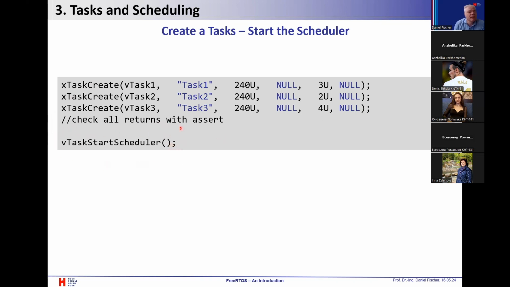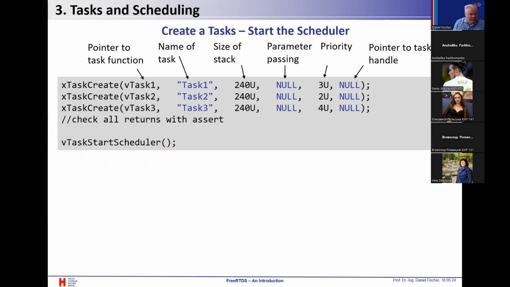And now here, the scheduler is started. After you created your tasks, we start the scheduler. The API function itself is really simple. Here you put a function pointer to the task function. Here you can give the task a name, very useful, we will see later. Each task has its own stack.